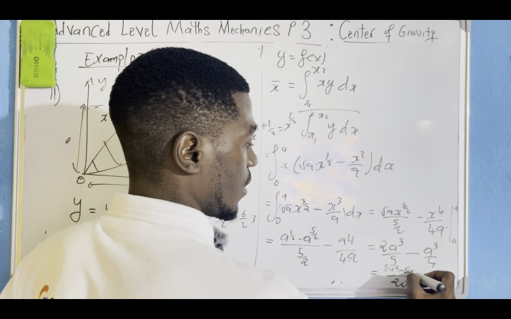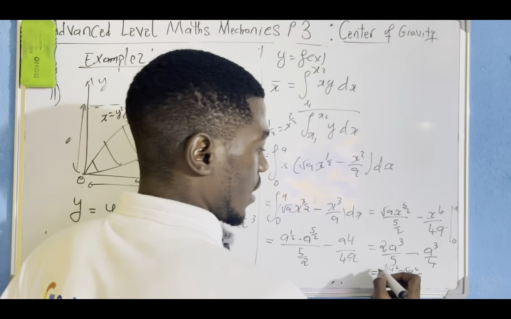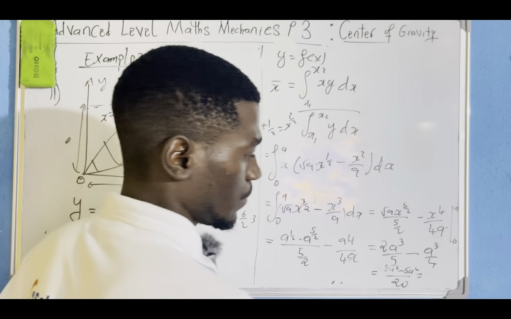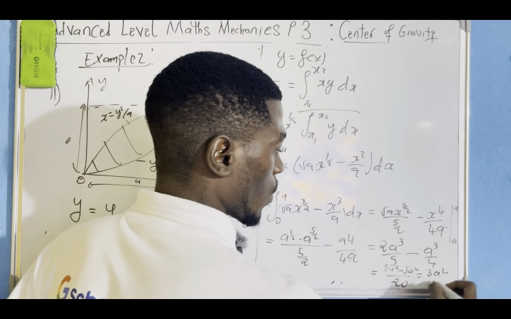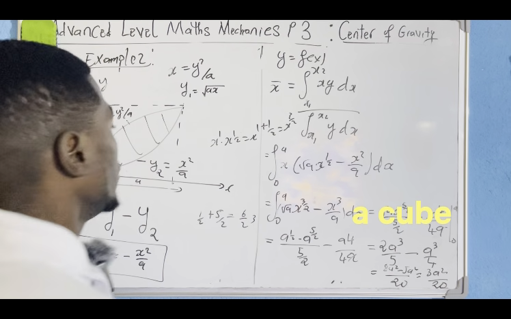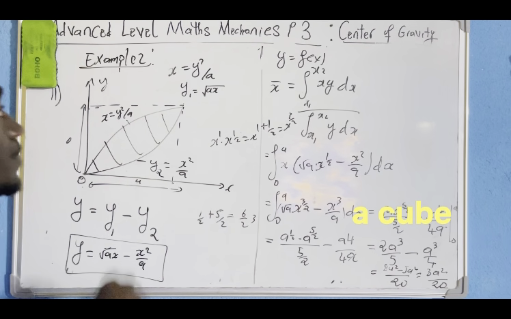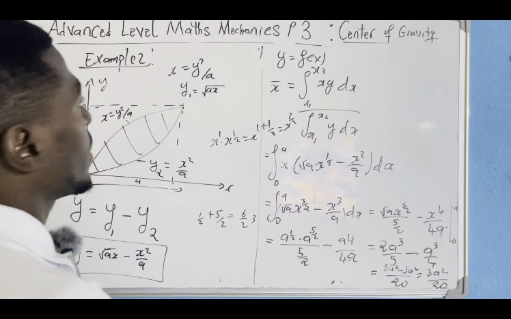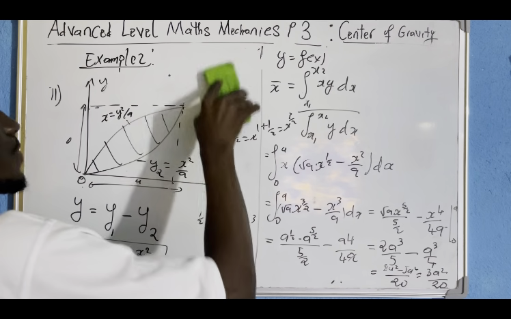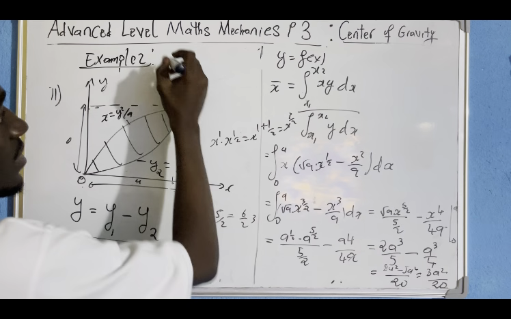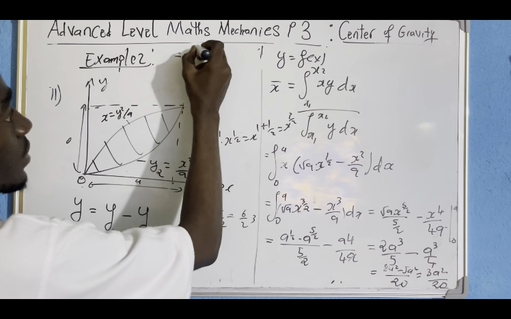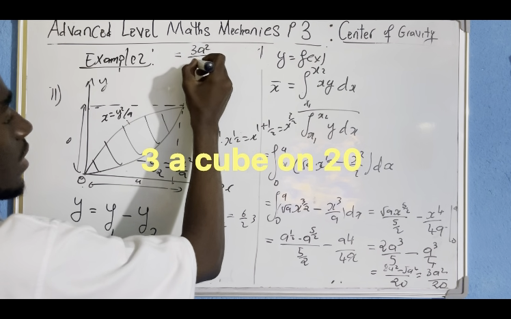So here I will have 8a squared minus 5a squared, making the answer 8 minus 5 is how many? 3a squared over 20. So I will note it here directly so that we should not forget. It means that the first integral I calculated is simply equal to 3a squared over 20.